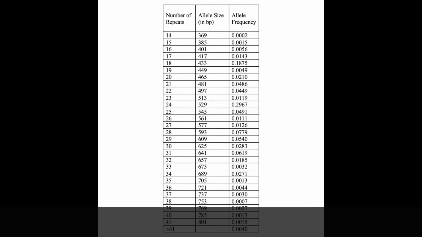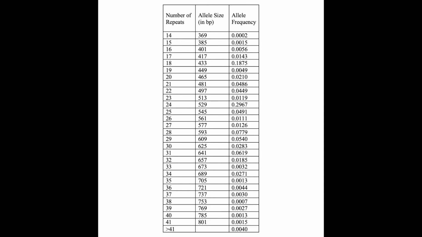For example, looking at the top row in this table, you can see that if the allele size of an unknown fragment was calculated to be approximately 369 base pairs, this would mean that on that particular chromosome, the person has 14 repeats at the D1S80 locus.